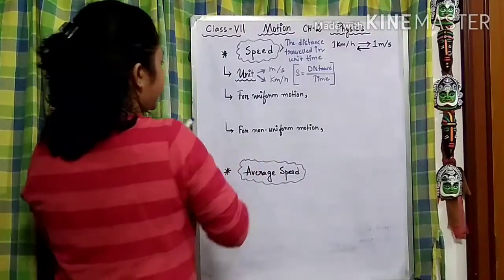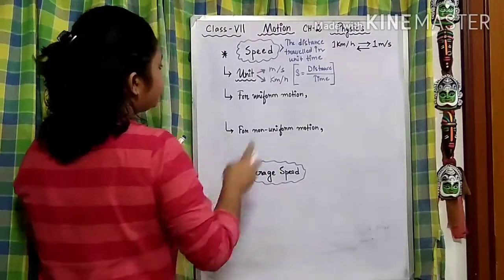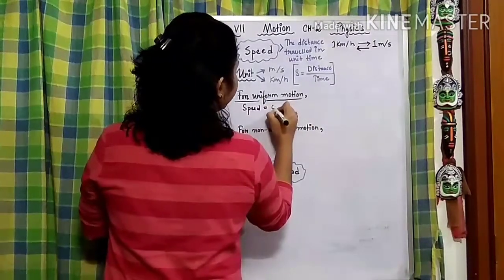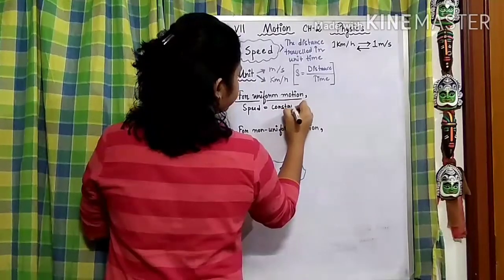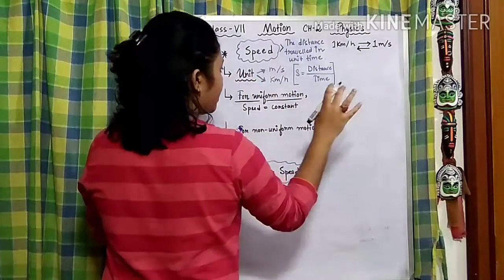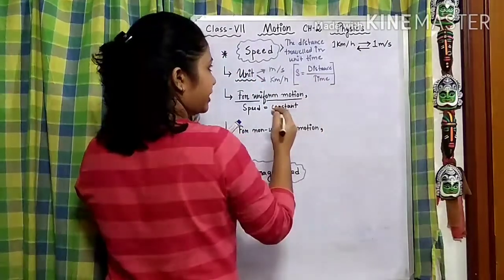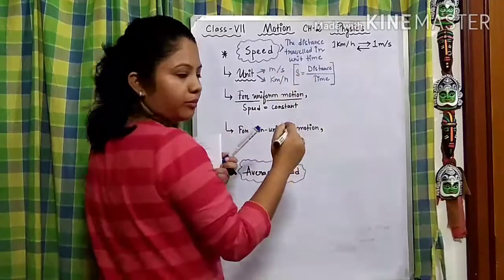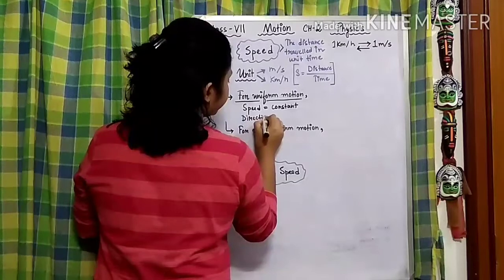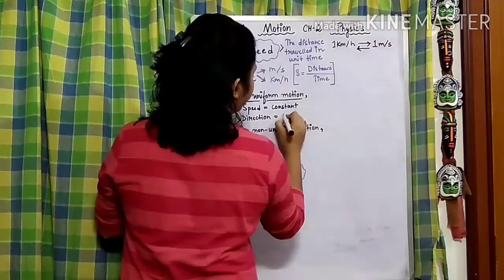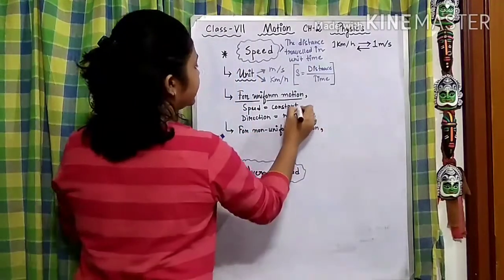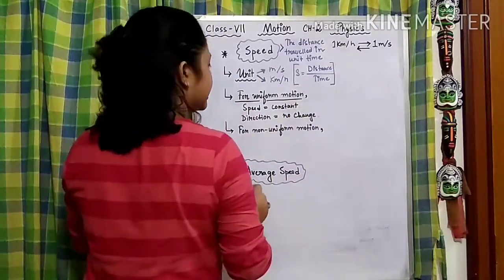So here we can say that for a body which is undergoing a uniform motion, the speed will be constant, because when a body is moving under a uniform motion, the distance and the time will be uniform, and the direction will not be changed. So here no change in the direction and the speed will be constant.